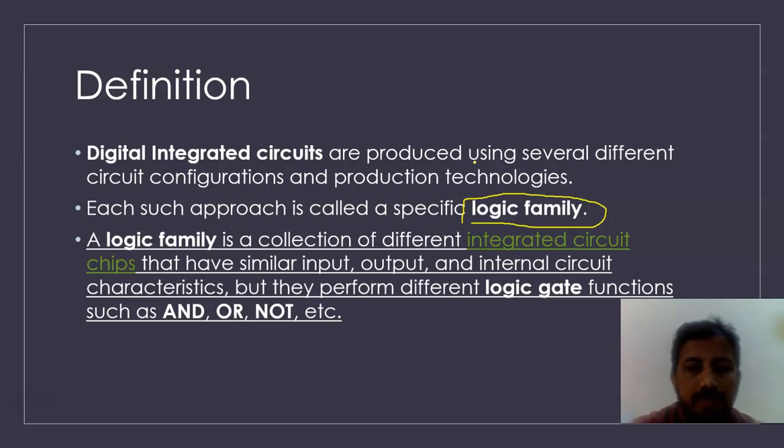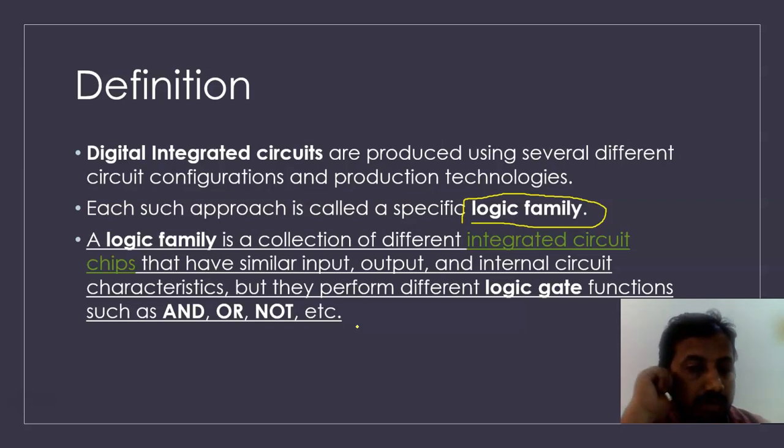Coming to the exact definition, a logic family is a collection of different integrated circuit chips that have similar input-output and internal circuit characteristics but perform different logic gate functions such as AND, XOR, NOR, etc.